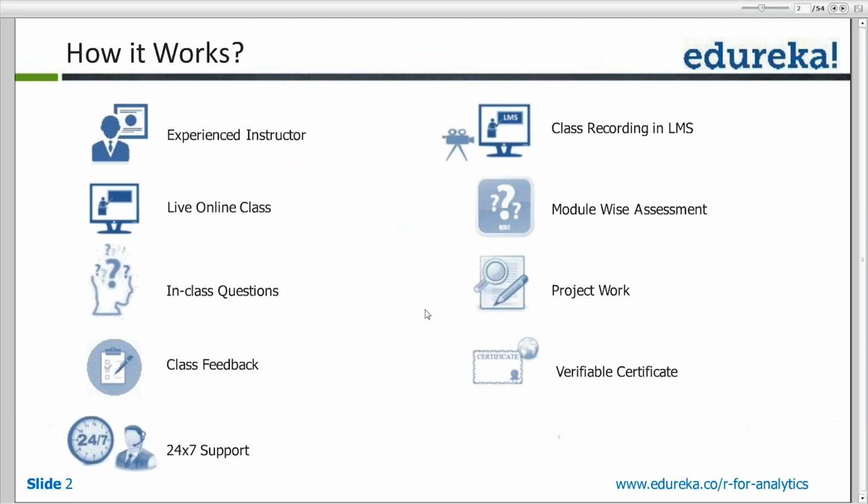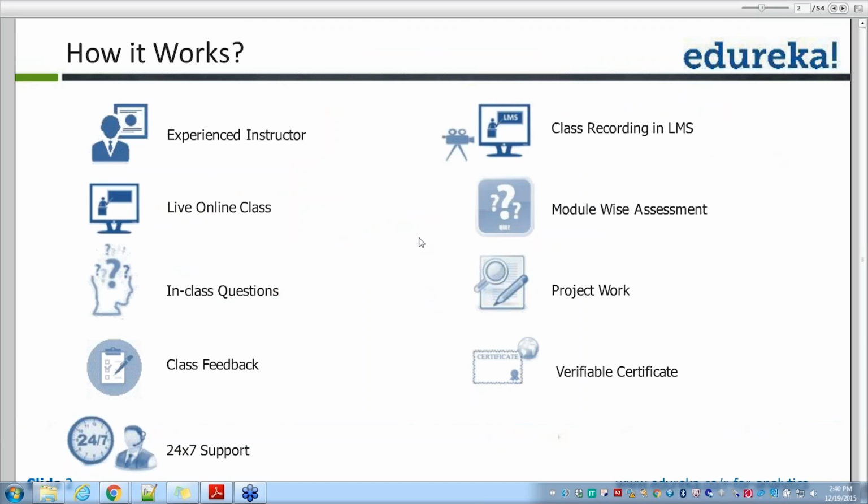Right. So some of these topics here on slide 1 have already been covered. We all know it's a live online class. You're free to ask questions when you want. Please provide your survey feedback, as I mentioned before. And the support that Edureka offers is 24/7. So rest assured that your questions will get addressed. Class recordings are available on the LMS, as I mentioned before.